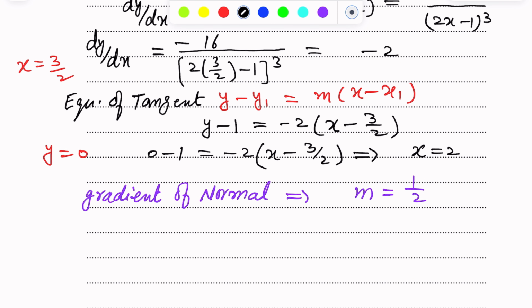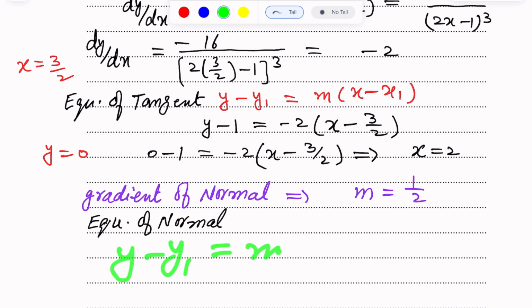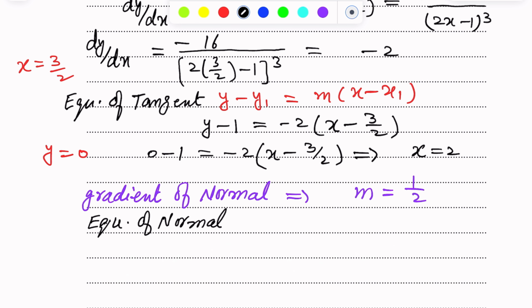So the equation of normal will be y minus y1 is equal to m into x minus x1. Putting the values, we get y minus 1 equals 1 over 2 times x minus 3 over 2.